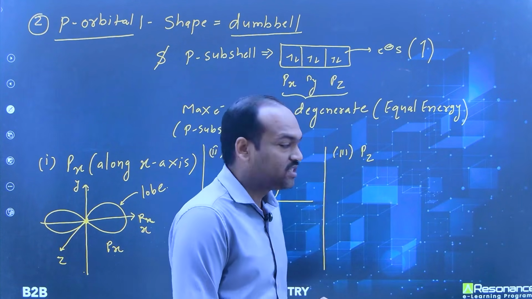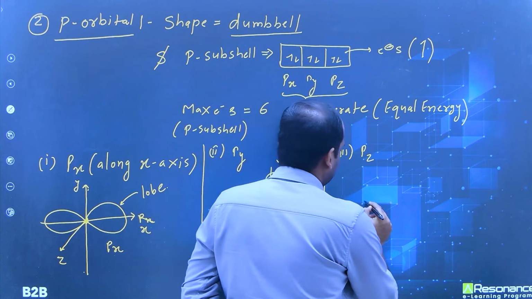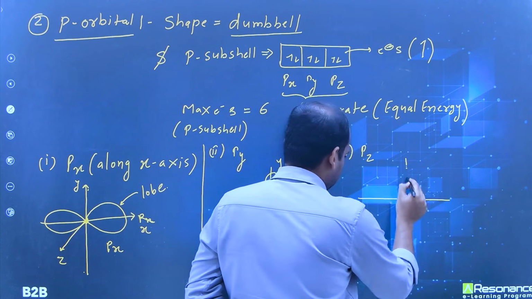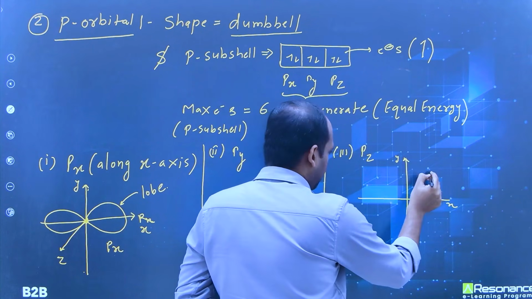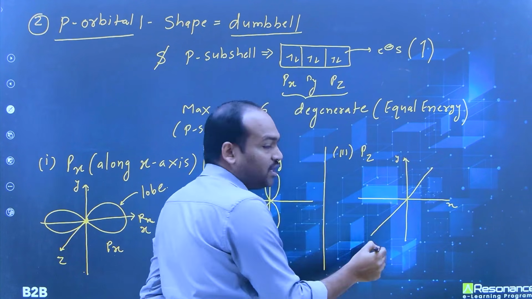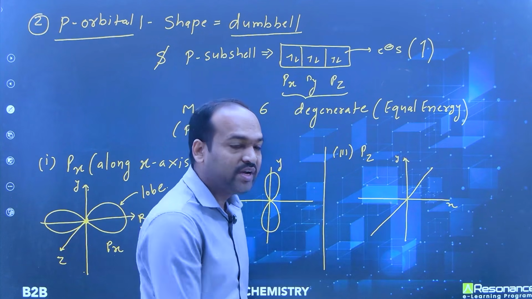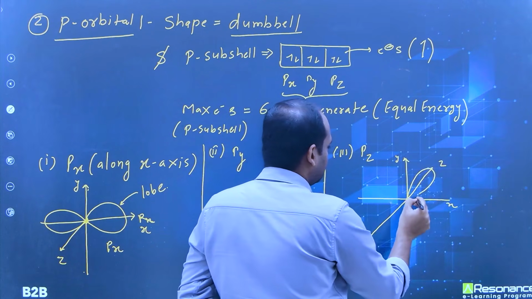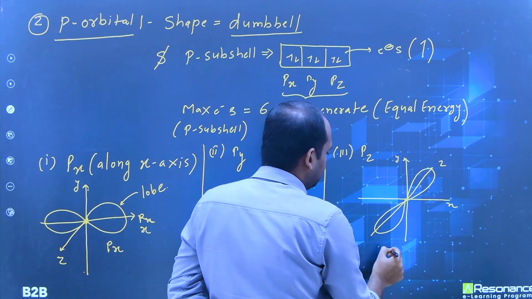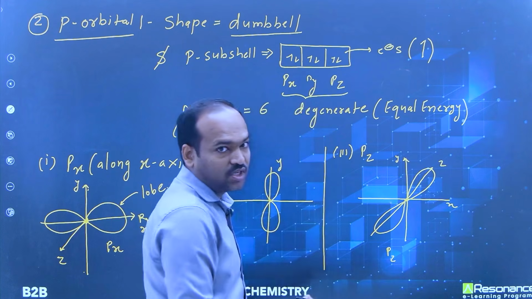How to draw the z-axis? This is x, this is y, and perpendicular to it, outside the board, is the z-axis. So can I draw like this? This is pz.